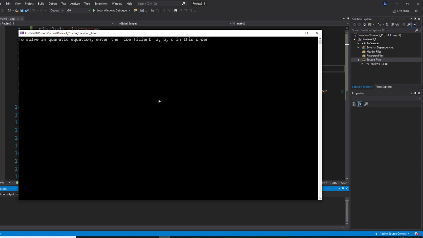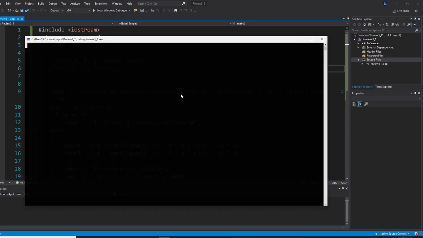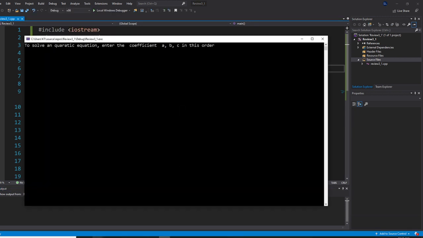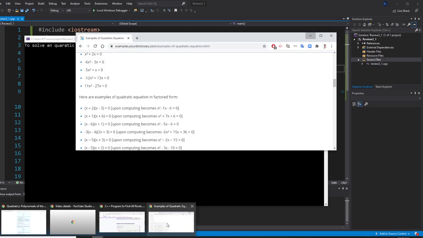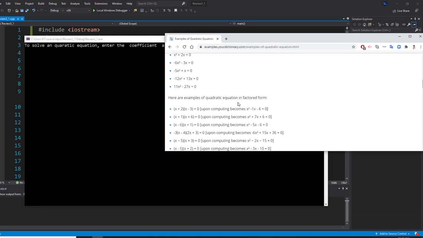If I give a 0, and 4 and 6, it will tell me that it is not a quadratic equation. Okay, so I have to run with a nonzero a. I'm going to use this example here: 1, negative 1, negative 6.